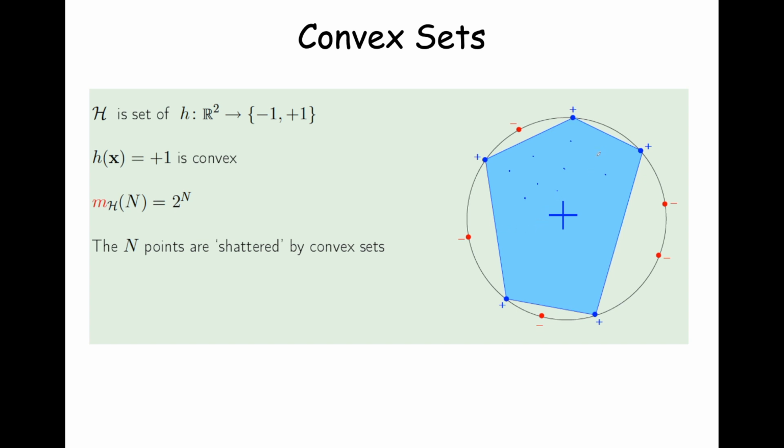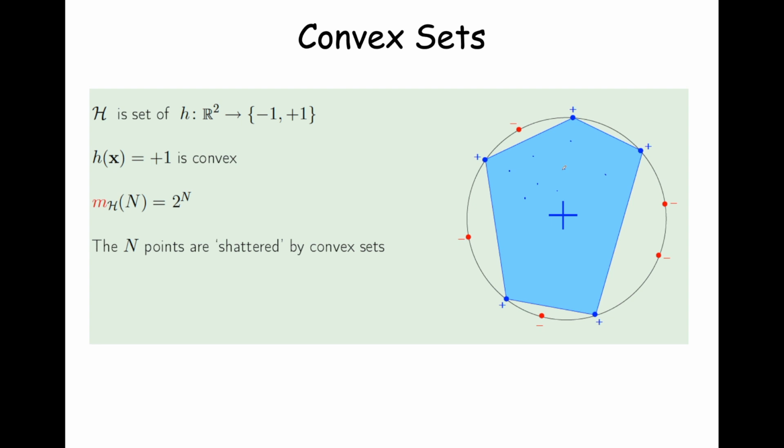And so because we set no restriction on how we arrange the points and assign them +1, -1, we have a total of 2 to the n possible dichotomies that we can describe with this hypothesis set, convex sets. And so in this particular case, all possible 2 to the n dichotomies, regardless of how big n is, all possible 2 to the n dichotomies can be output by this particular hypothesis set.